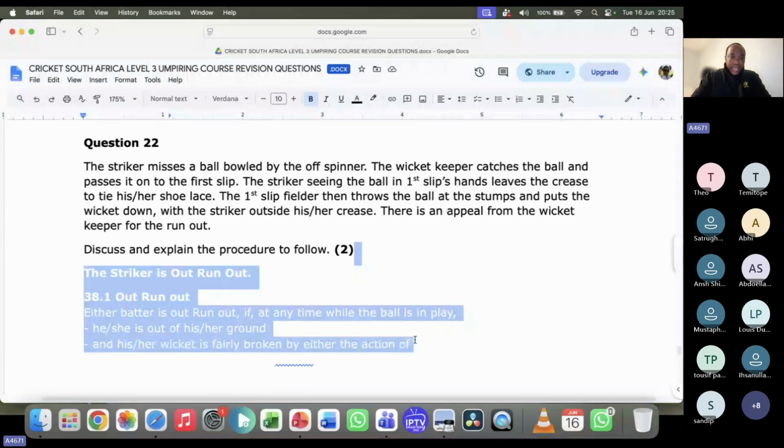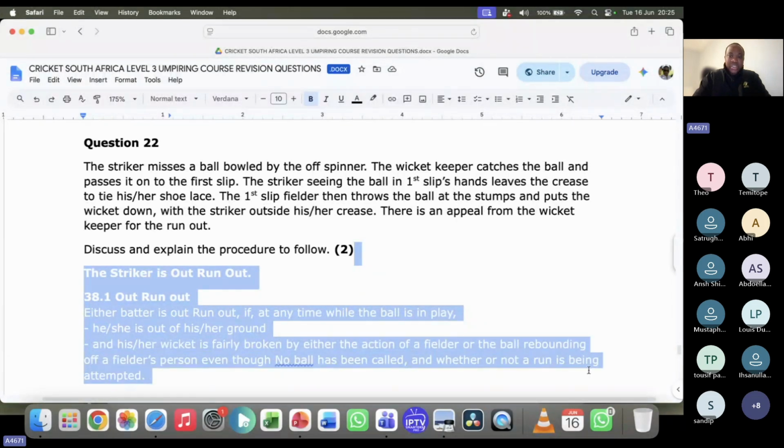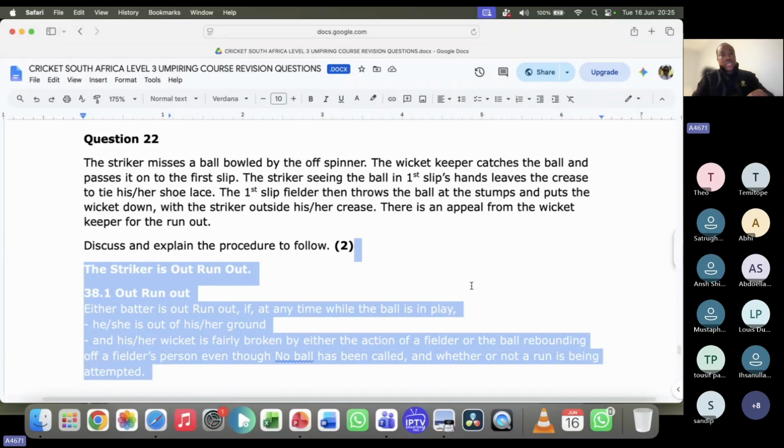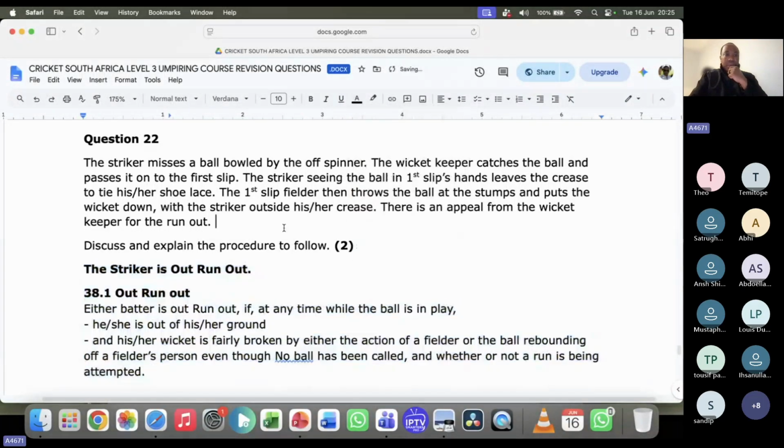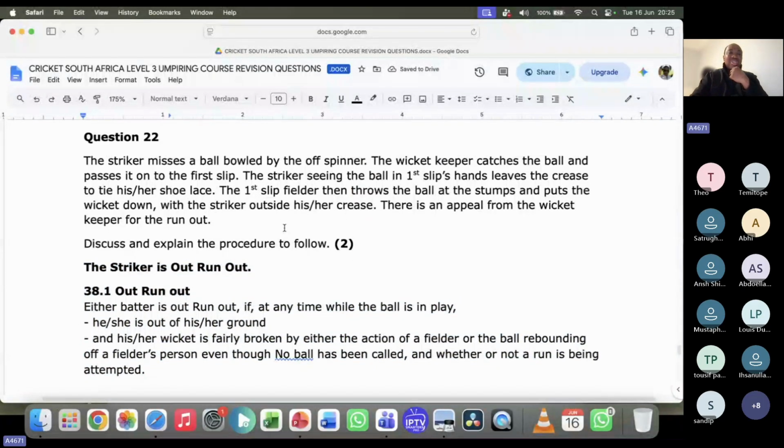However, we have decided for this scenario, and we were just testing to know if you know that a striker can be run out by a member of the fielding side if they are not attempting a run.